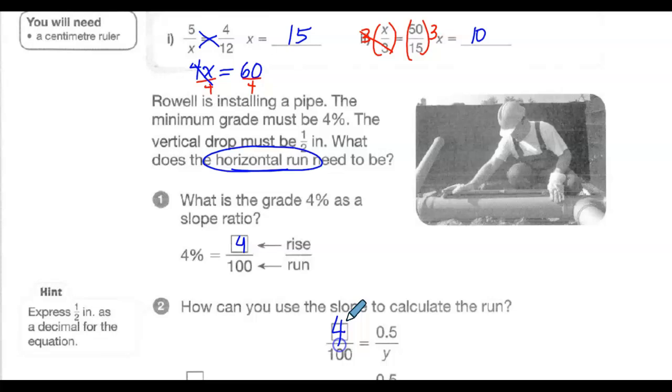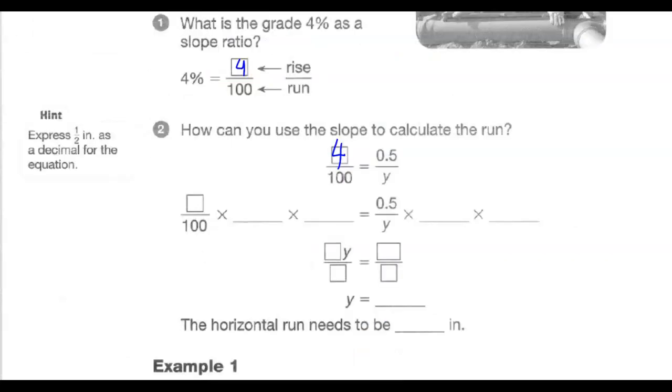So we'll keep this as a 4. Now, again, the workbook does it a little bit differently, or it takes a lot of steps that are a little bit confusing here. So I'm going to look, okay, my unknown's in the denominator, so I'm going to use the cross product property. So I'm going to multiply those together and make it equal to those multiplied together. So 4y, wherever the variable is, I put that on the left.